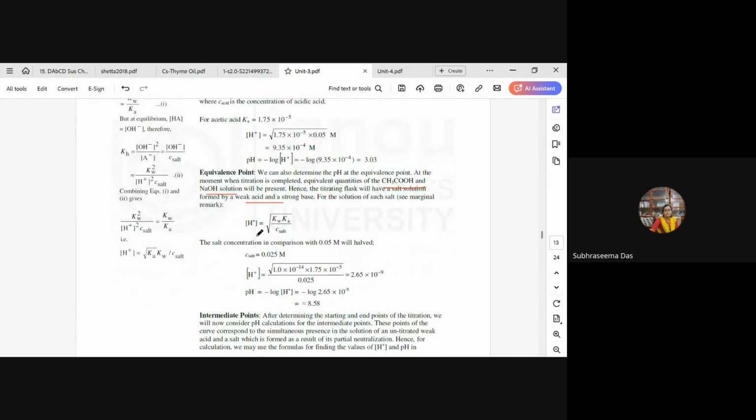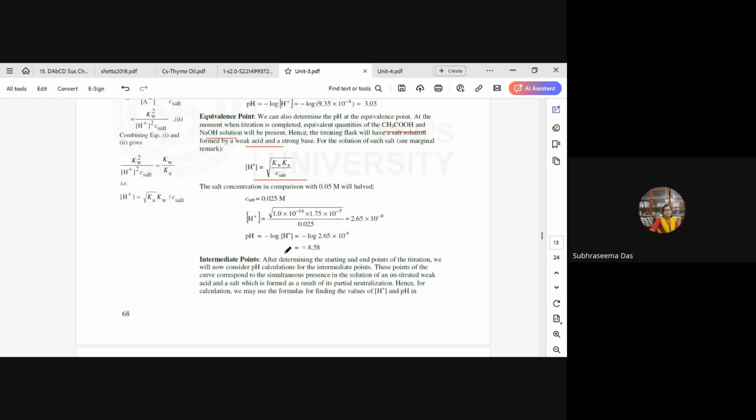Here the H plus can be calculated as root over Kw into Ka by the C of salt, where Ka is the dissociation constant of the acid and Kw is the ionic product of water. Using this equation, we can find out the pH of the solution.